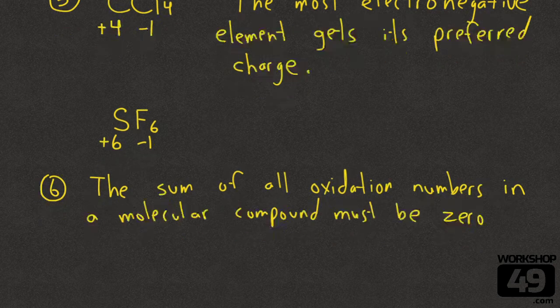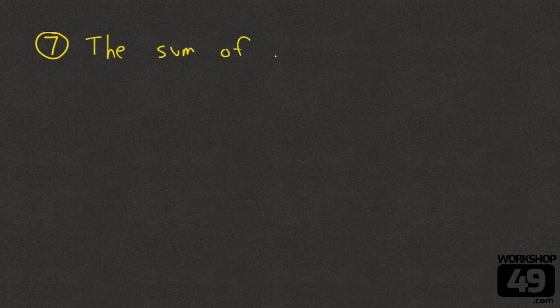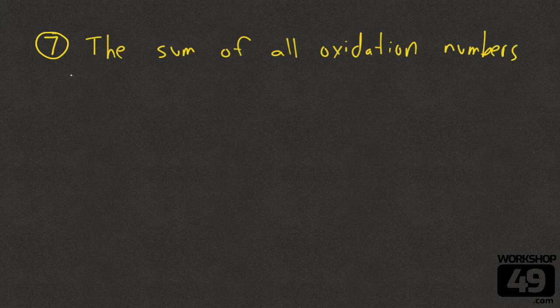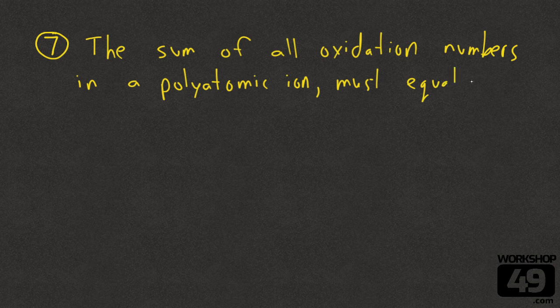One last rule. Our final rule, rule number 7: the sum of all oxidation numbers in a polyatomic ion must equal the charge of that polyatomic ion.